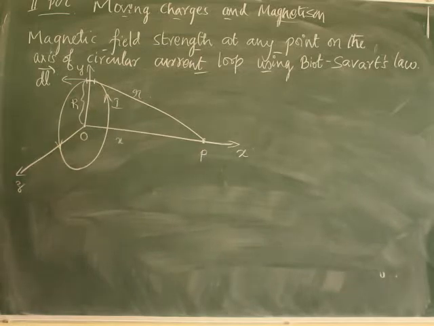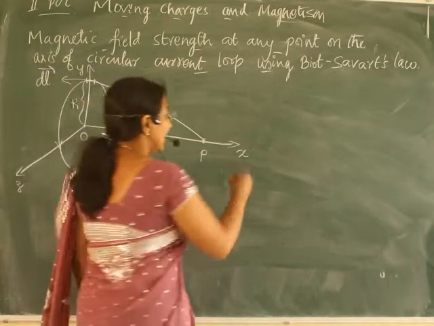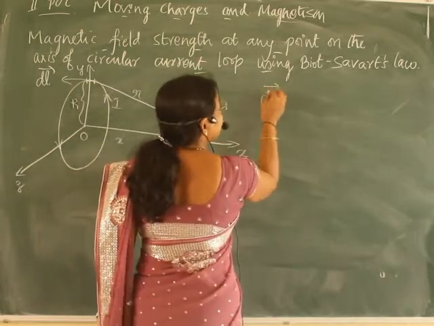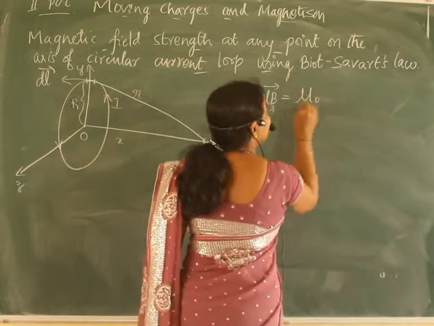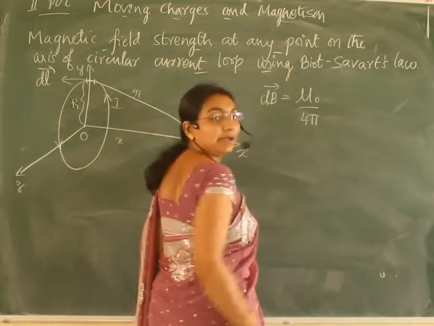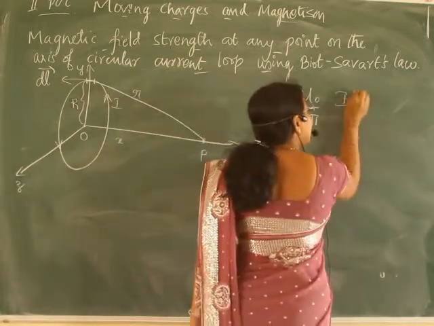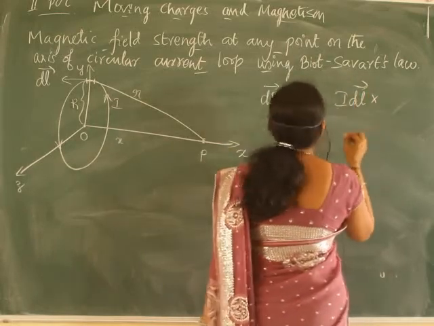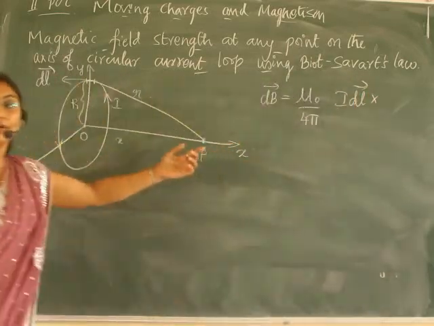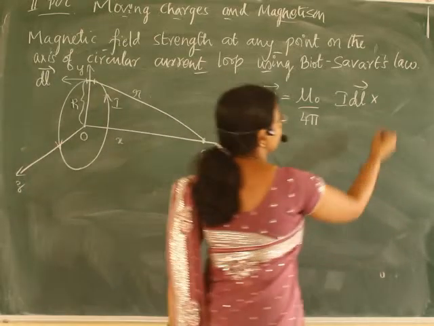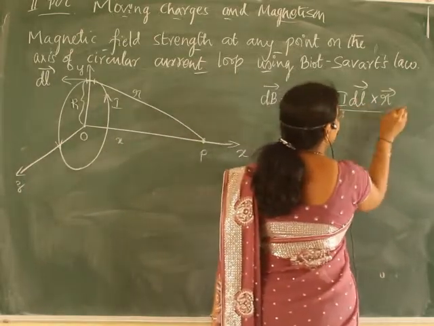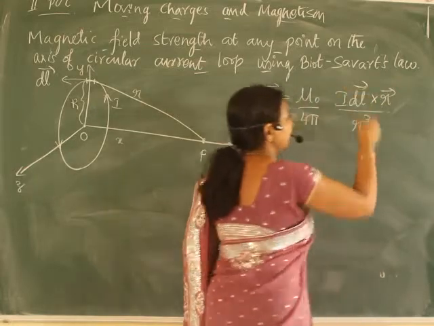According to Biot-Savart's law, we know that dB vector is equal to mu naught by 4 pi I dl vector cross r vector divided by r cube, correct?